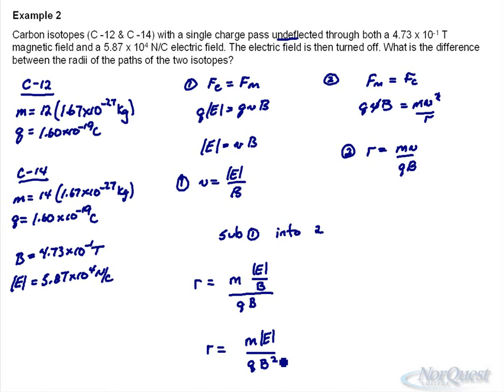We have the mass of each. We know the electric field, we know the charge, and we know the magnetic field. So we're just going to do two calculations, then find the path difference. We want the difference between those paths. So R equals mE over QB squared. And then we're going to deal with carbon 12.